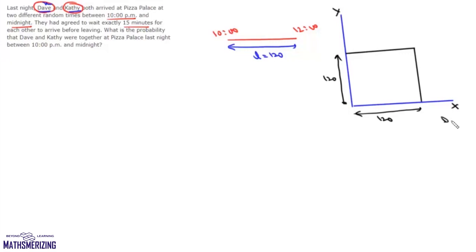Say x is for Dave and y is for Kathy. Now any point inside this area corresponds to arrival times of Dave and Kathy.